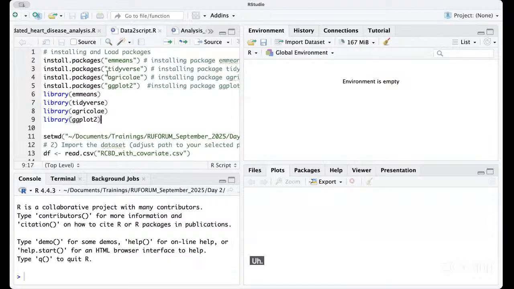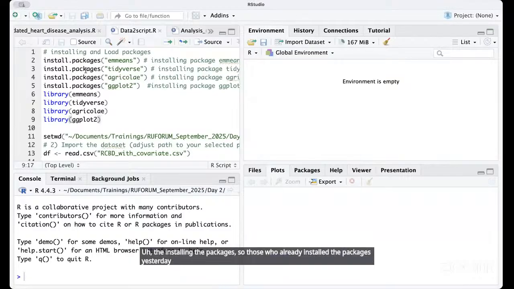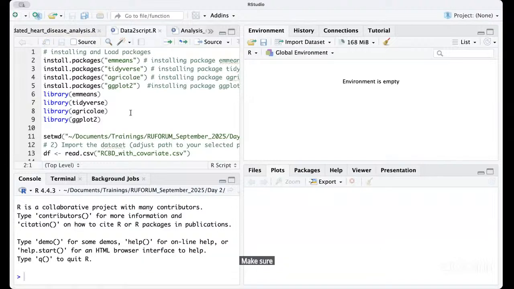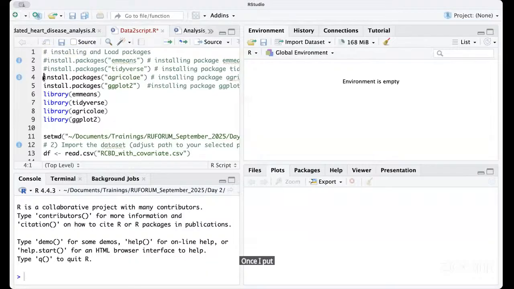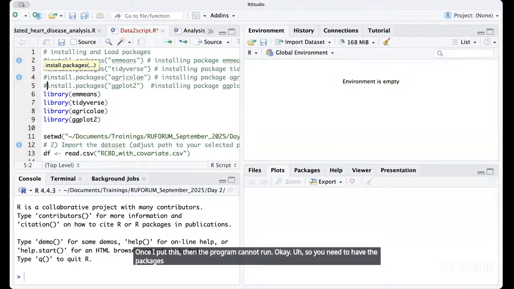So we started with installing the packages. Those who already installed the packages yesterday, you don't need to do anything. Because I've already installed them, I just want to make sure that they cannot be used. So I can put this one here. Once I put this, then the program cannot run. So you need to have the packages in.